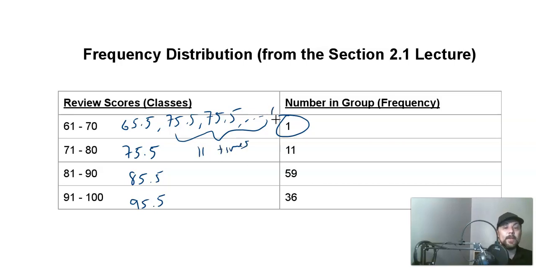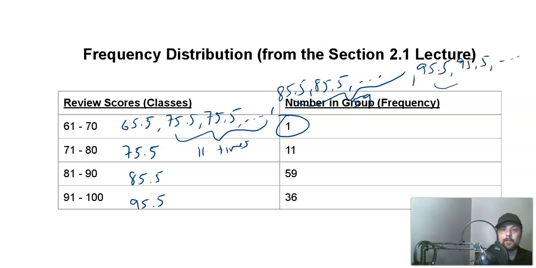And then for this class, there's 59 data values. We're going to assume they're all 85.5. So I have 85.5, 85.5, ... 59 times. And then for the last class, we have 36 data values. We're going to assume all 36 of them are 95.5, 36 times. All right. And that's what we're going to find the mean of.